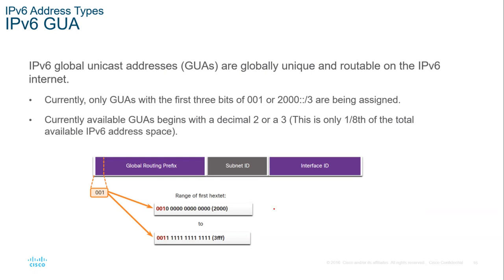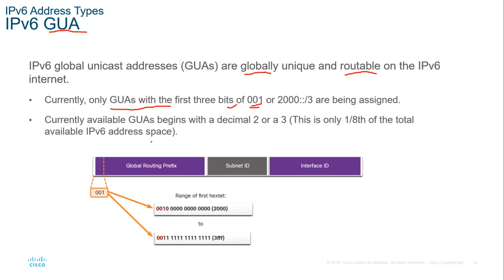Then we have global unicast addresses. These are globally unique. Something that is global is public, unique, and routable. Currently, unicast addresses with the first 3 bits, this or this, are being assigned.